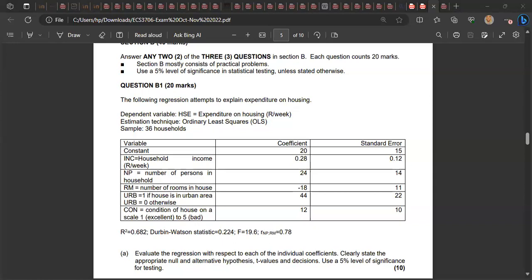I'm going to copy the variables here onto the Excel sheet that we are going to be using, and then we can put in our expected signs.